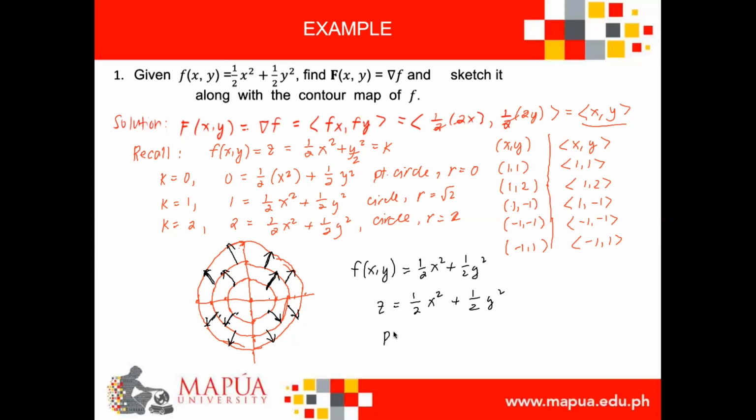Please remember the graph of a paraboloid, and the vertex of this paraboloid is at 0, 0, 0. Again, it is opening upward. This is merely the contour map of a paraboloid. It will look like this, drawn in the two-dimensional plane, or the XY plane.